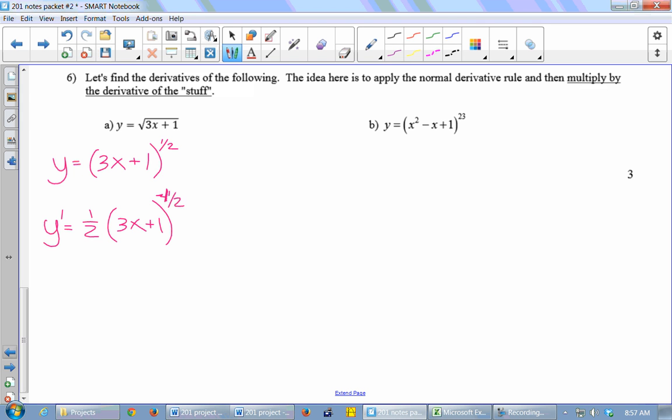And if that were all I had to do, the chain rule would be easy, right? But so I've got my power rule applied to the stuff. So I've taken the derivative of the stuff. Then you also have to multiply by the derivative of the inside function. What is the inside function in this case? 3x plus 1, so its derivative is 3.